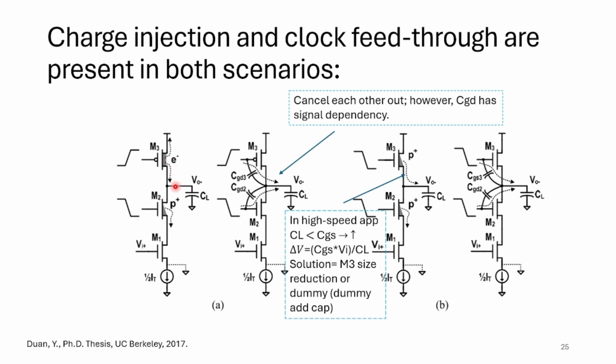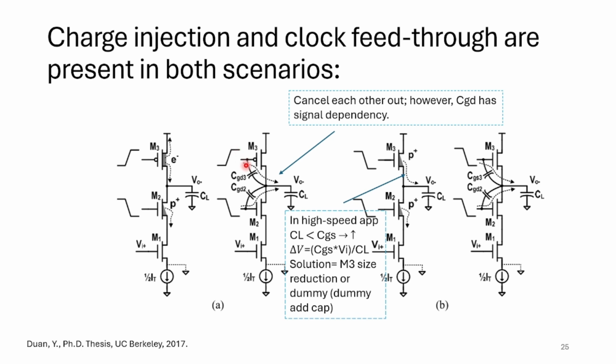More of it goes to the path that has less impedance, for example maybe this part, and some to here, and some will be recombined with the holes. The good thing here is that because M2 is in saturation, you wouldn't have any charge that goes here and causes some offset and nonlinearity on the sample that you took.